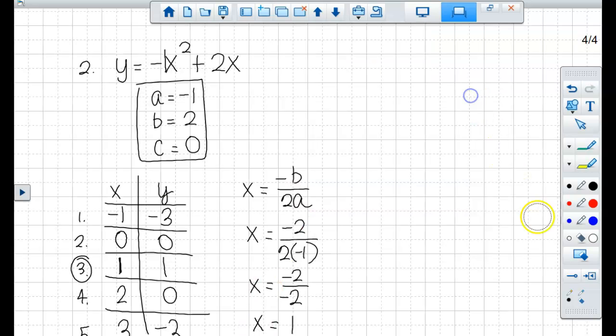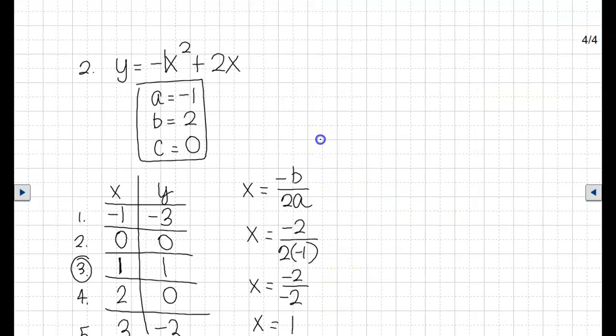let's use a different grid this time. We'll plot these.